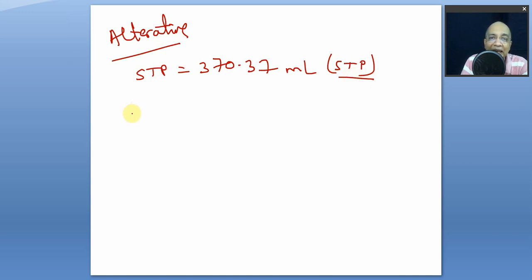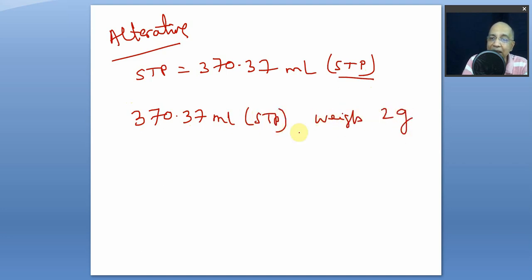Then we apply: if 370.37 ml at STP weighs 2 gram, then what will 22,400 ml, which is the gram molar volume, weigh? Whatever answer we get is bound to be the gram molecular mass.